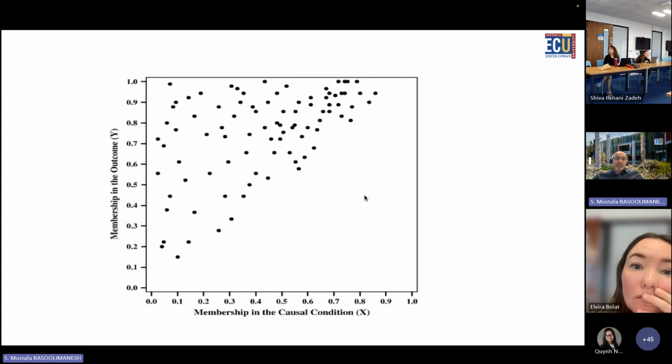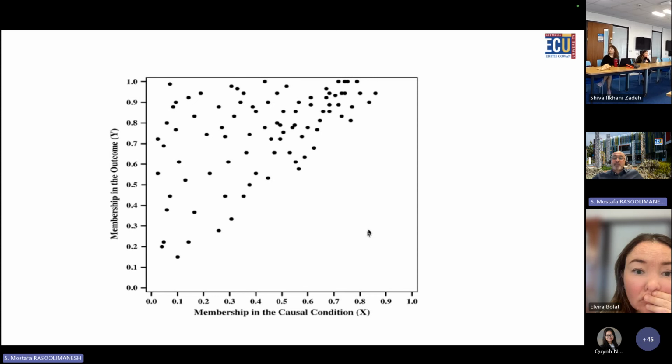For example, for this case, it seems all cases are above this diagonal, and all cases are in the upper left side. So the consistency for this condition or configuration will be almost 1.